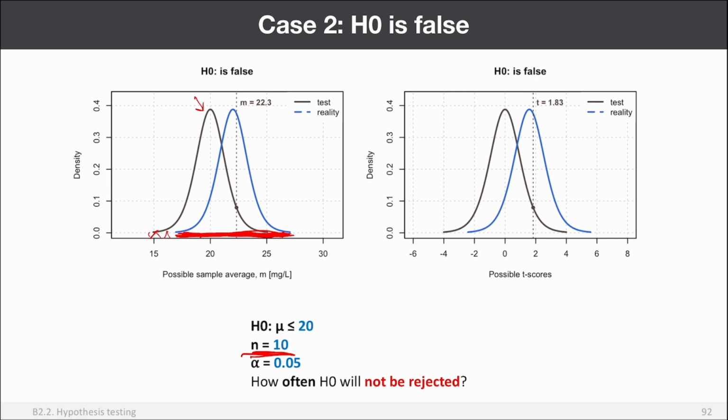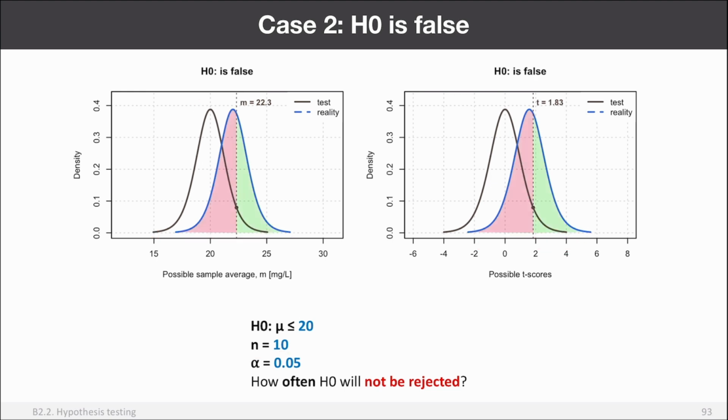Now, how often will it not be rejected? Look, this is exactly the t-score that we have. So if your average values come from this curve, in this case it's t-scores, standardized average values, you can see that every time you are here, you cannot reject the null hypothesis. Every time you are here, you will be able to reject the null hypothesis.